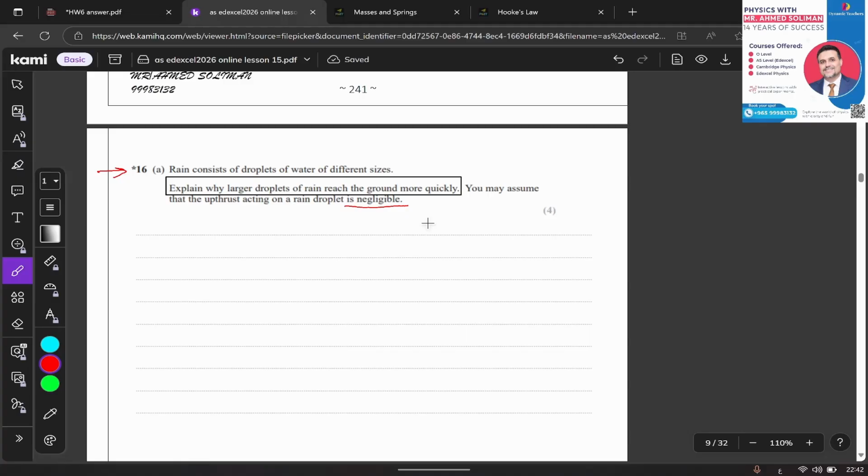So drag force and weight. What's the relationship between them? They're equal. Why? You have to start at what, Mirola?